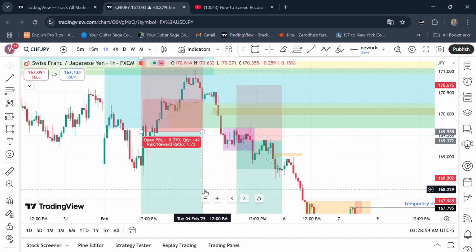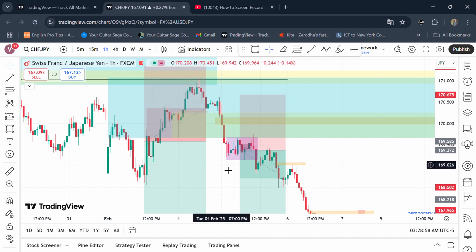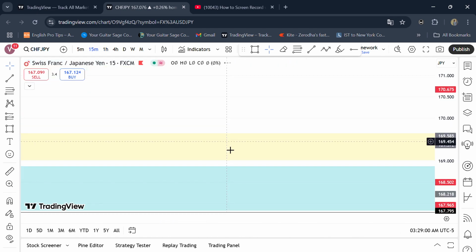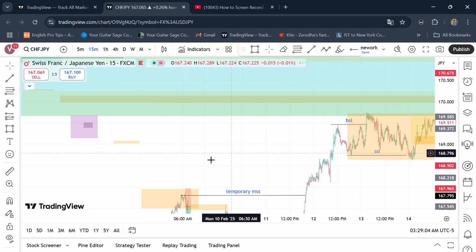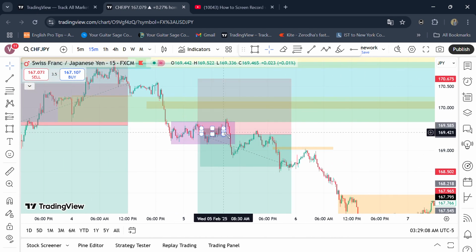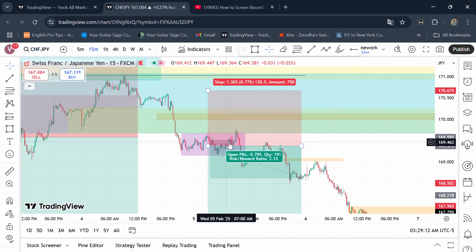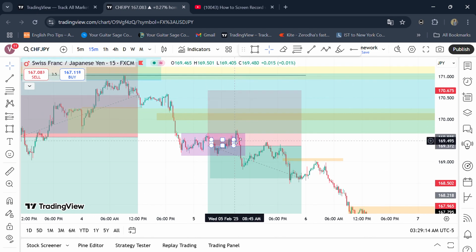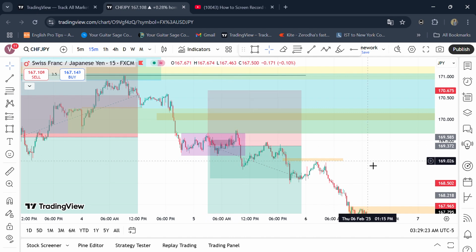This consolidation. After tapping this, when price consolidated, it showed this classic pattern of consolidation, manipulation, displacement. Consolidation, this part where it broke upside was manipulation, and then this fall was distribution.